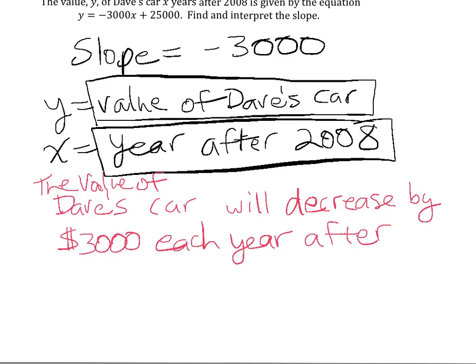That is the interpretation of the slope. Notice I didn't say decrease by negative 3,000. The word decrease takes care of the negative part. And so that's the interpretation of the slope in this example. And that includes what we're going to talk about in this video as it relates to slope.